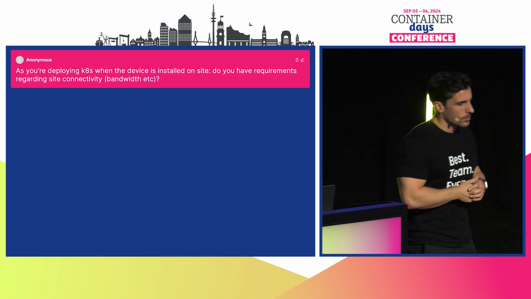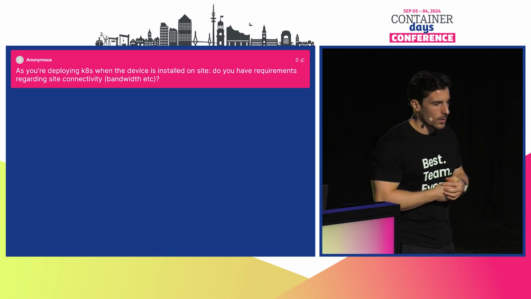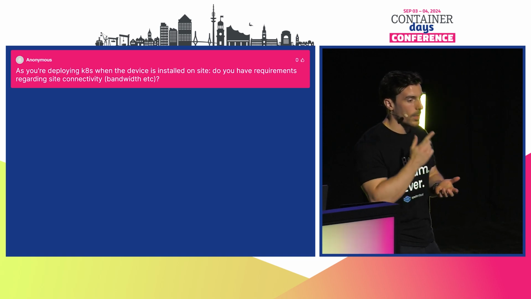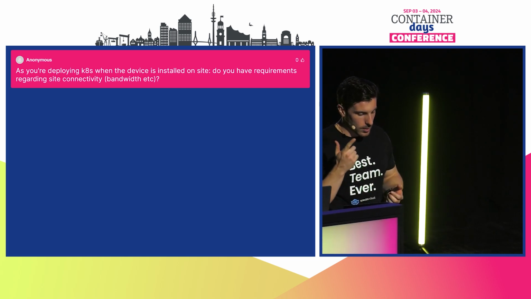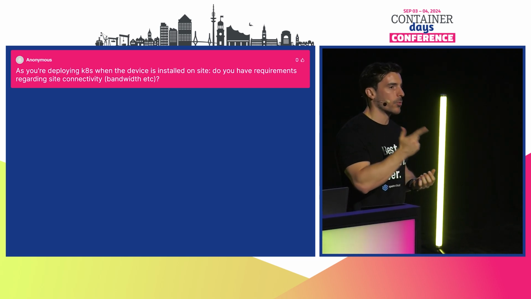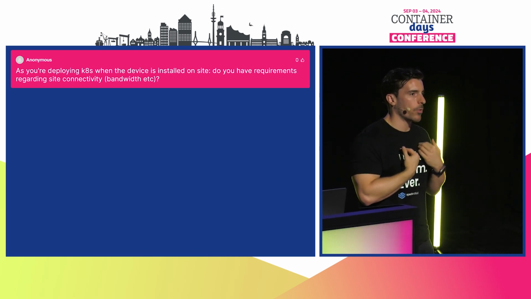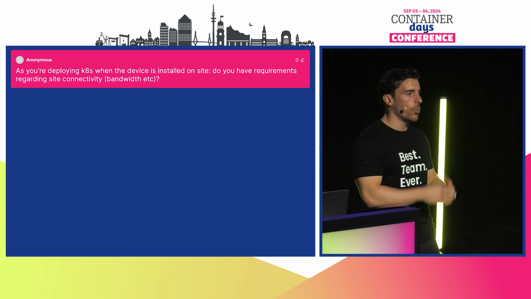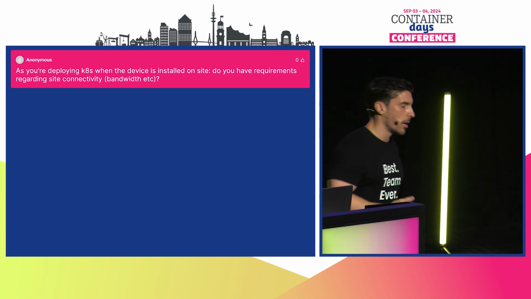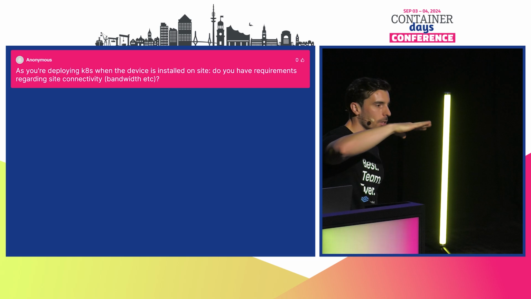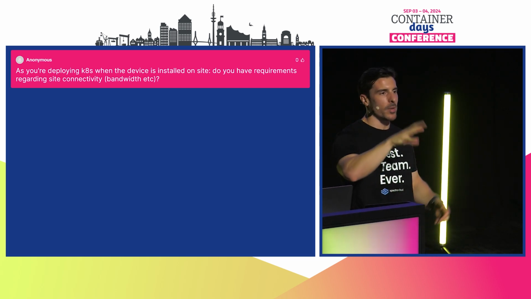Last one, just before lunch. As you're deploying Kubernetes when the device is installed on site, do you have requirements regarding site connectivity, bandwidth, etc.? That's a very good point. Networking connectivity is a requirement, but that requirement is set by Dentsply, not by us. Our bandwidth requirement is very low. One of my other customers operates automated drones, or flying robots as they call them, in a field in remote Argentina picking up apples.